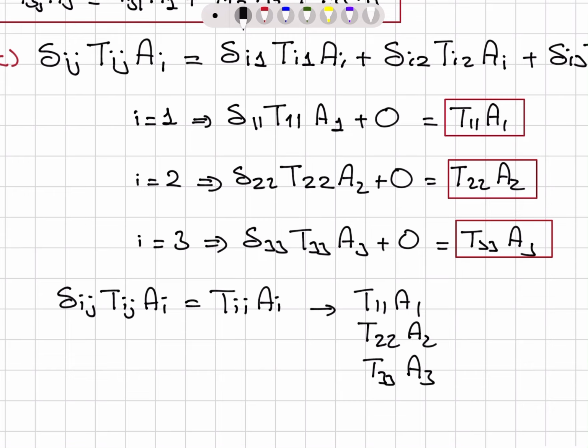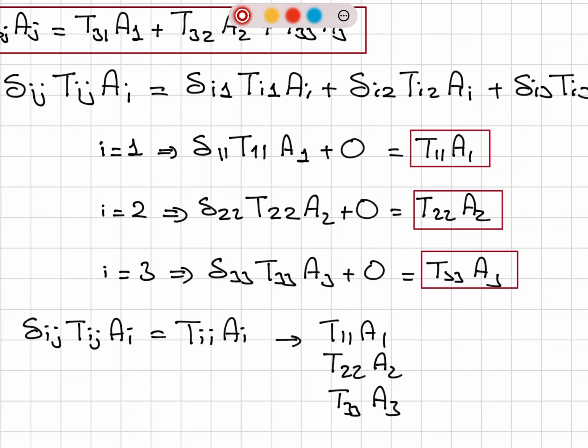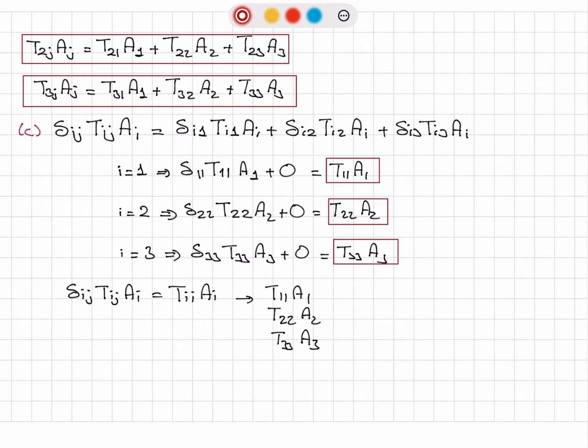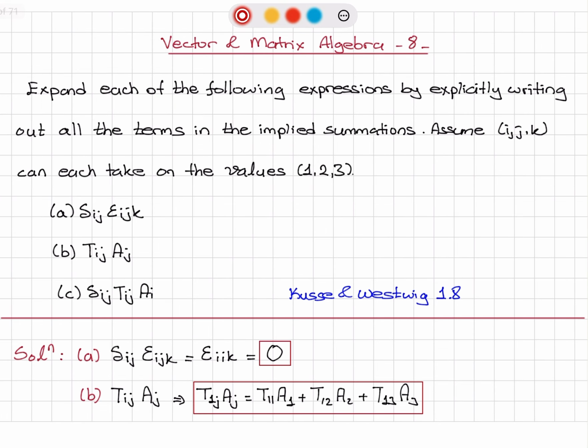So as we have seen explicitly here, the answer for i equals 1 is T11 A1, for i equals 2 is T22 A2, and for i equals 3 is T33 A3. Okay, so we've looked at explicit expansions of these terms.